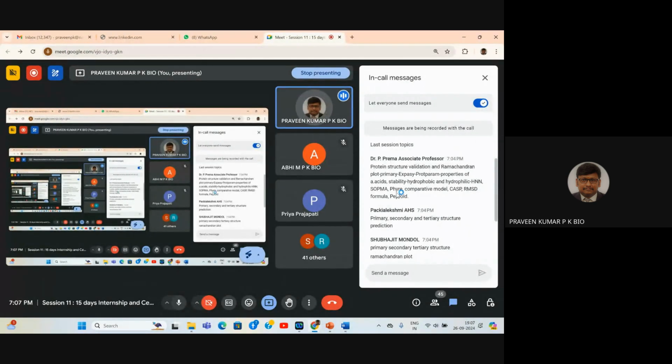And then we went for PHYRE, the Protein Homology/analogY Recognition Engine. I have taken PHYRE for tertiary or quaternary structure prediction. This is also a kind of homology modeling tool. And then we discussed comparative modeling.